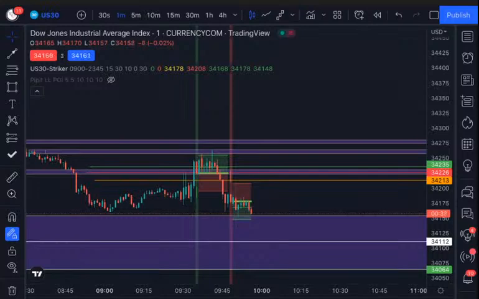It keeps wanting to go. So that was a nice little short position. I'm glad I got into that one. Yeah, I made sure I didn't marry that buy position.